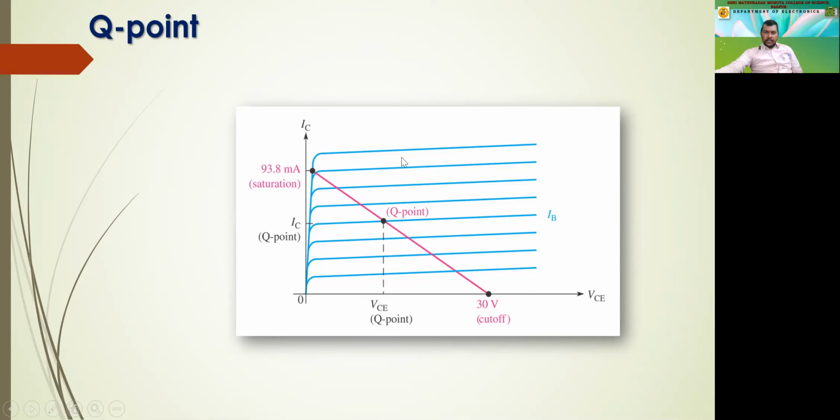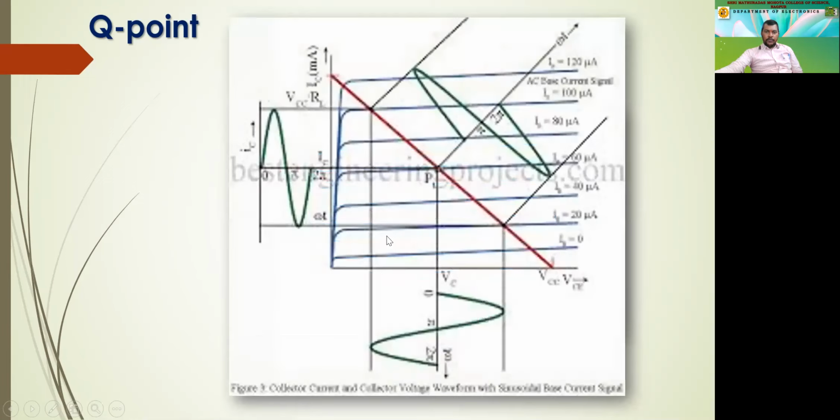So at this region, the transistor is supposed to work in active mode, right? We'll study some more graphs over there, so you'll come to know. If you see this graph, this is the Q point, and these are the characteristics that we are having. This is the input that is being applied, and this is the output that we are expecting.